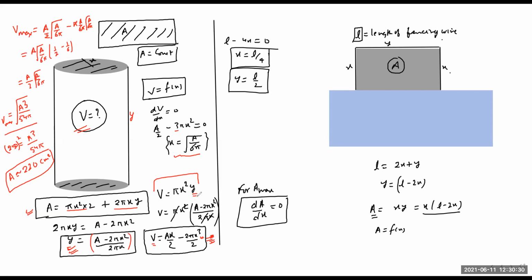Because what is the formula of volume? Pi r square h. What is the volume of a cylinder? So no, that I understood. Sir, can I write on this? Yeah, you can write.